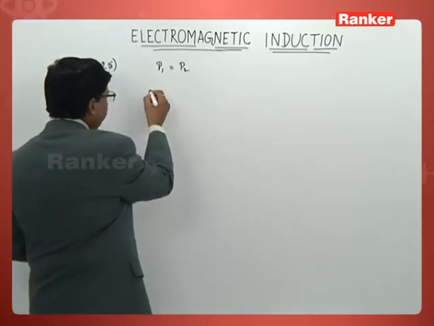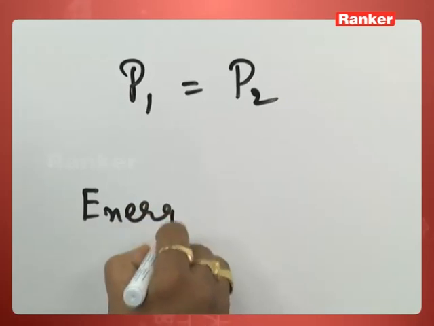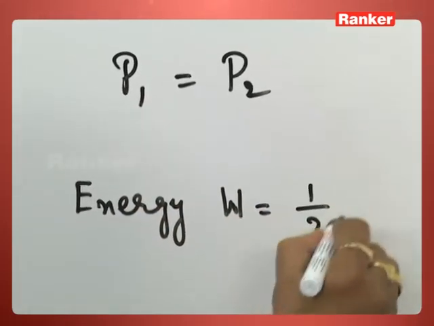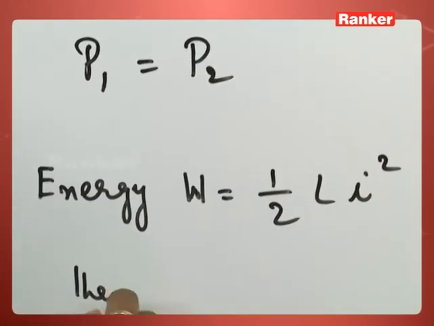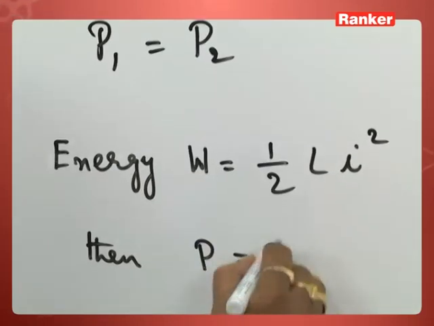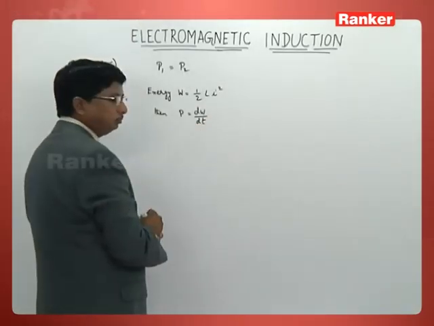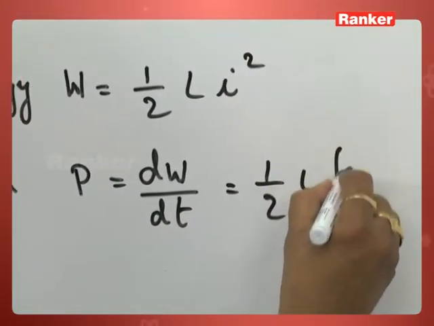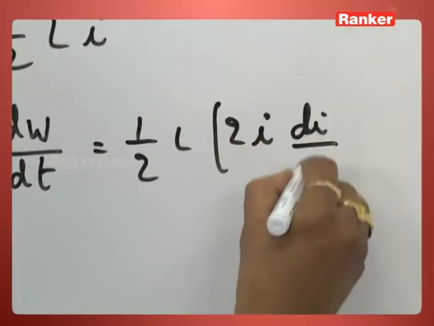But in true sense, we know very well energy, when I consider that one as W, that is half L i square, then you can get power is equal to dW by dt. That of course we can write like this, half L into 2i di by dt.